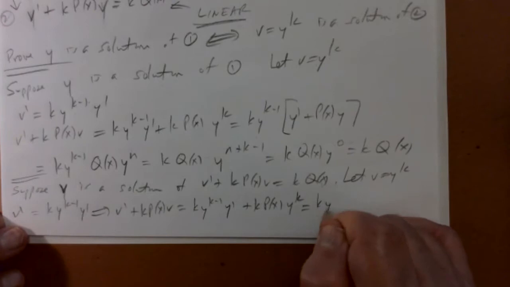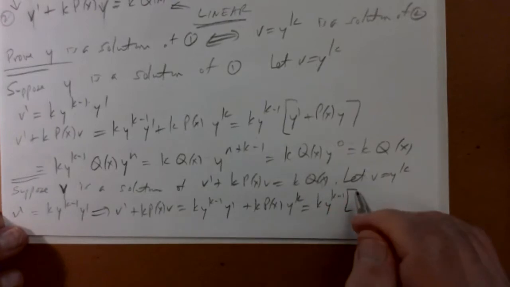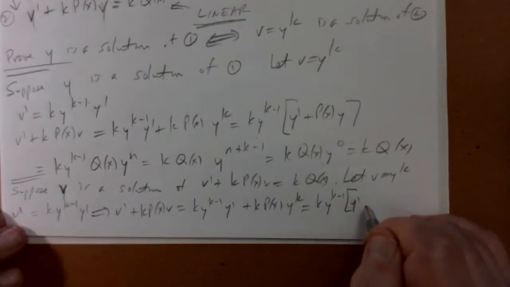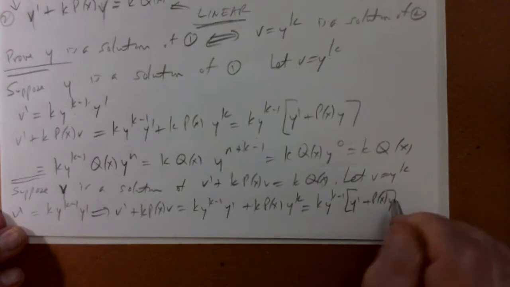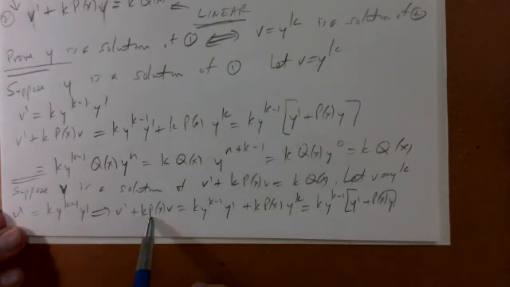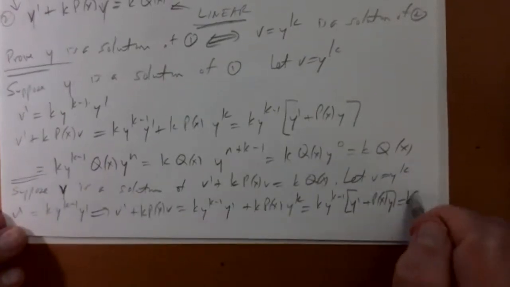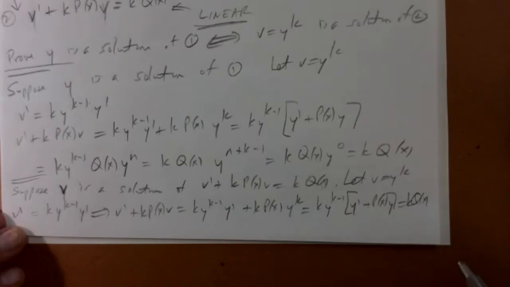Factor out k y to the k minus 1, I get y prime plus p of x y. But v prime plus k p of x v, this is k q of x.